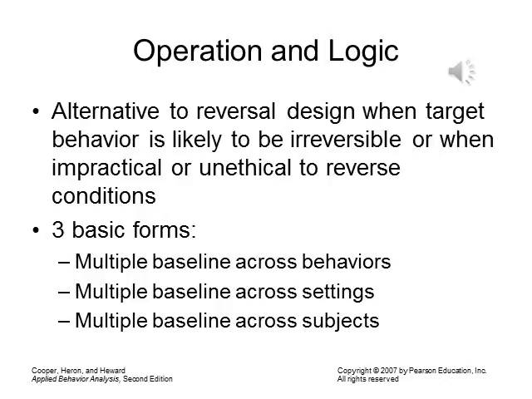In other words, we could do a behavioral intervention for a kid in his math class and his English class and on the playground. That would be different settings, same behavior problem, same kid. Or we could have a multiple baseline across subjects, so we could apply the same intervention sequentially to different people. All of those can produce internally valid designs that allow us to infer or to assert that the treatment is effective and responsible for changes.